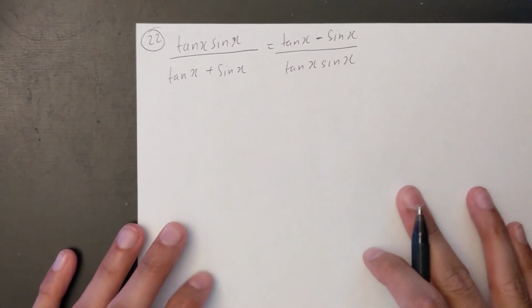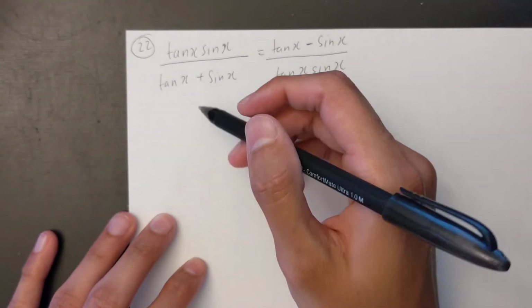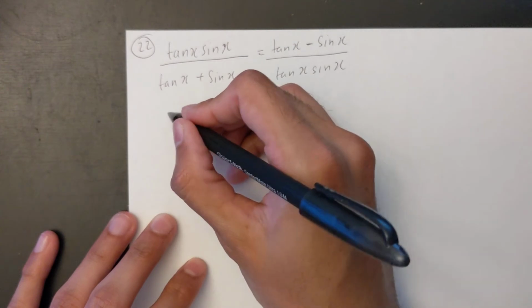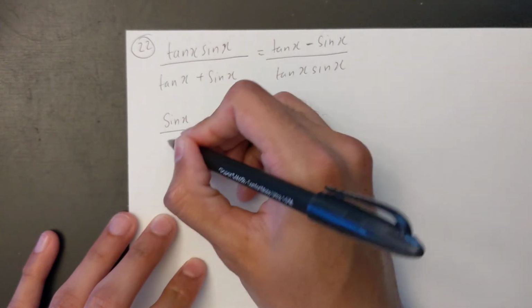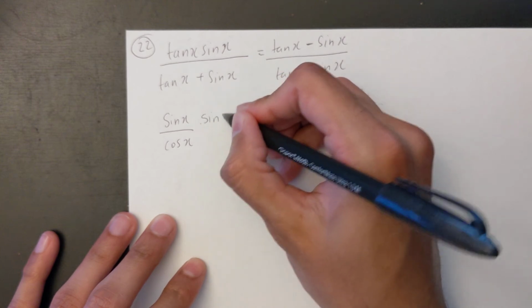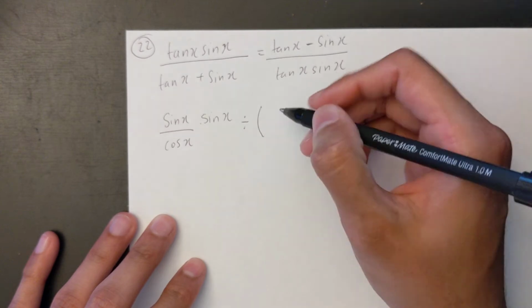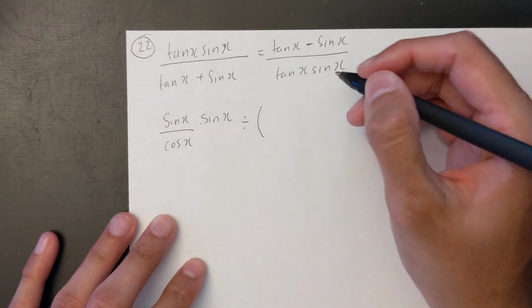Okay, honestly, it doesn't matter what side you work on, they're equally complicated, so I'll just work on the left side. Let's see what happens. I'm going to convert this tan into sine over cos. Sine x. And when you divide, make sure you put your bracket, because there's an addition in the bottom.